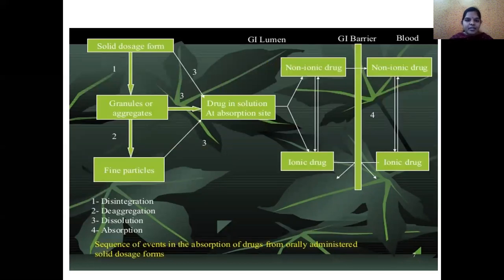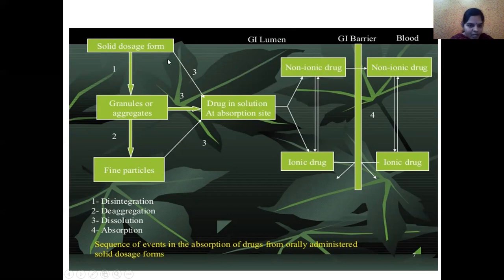Next, when you come across this chart, you might have seen different types of parameters, so we just go through this. The GI lumen is there, the GI barrier, and the blood. The numbers are also there.